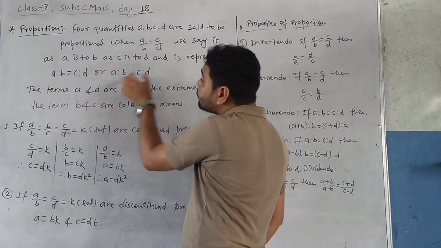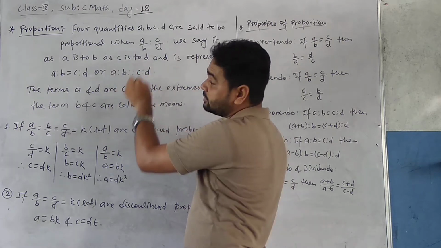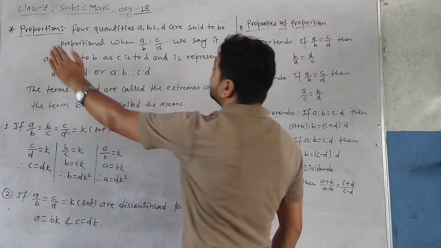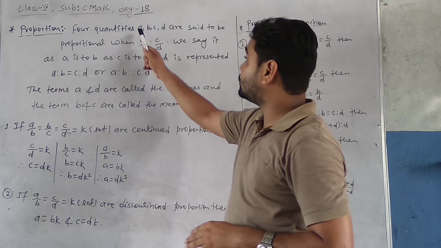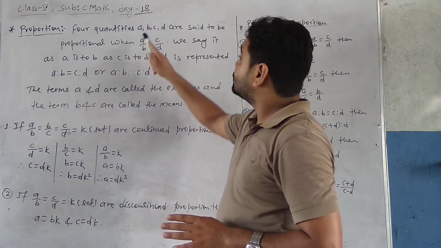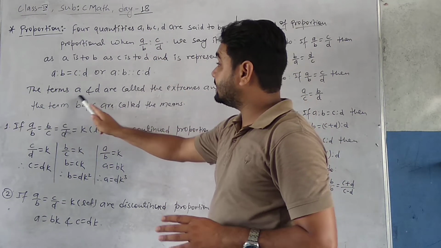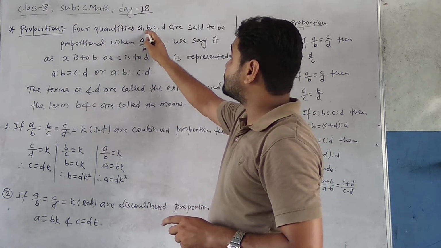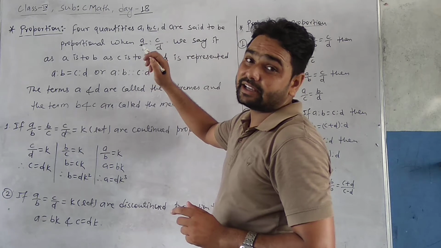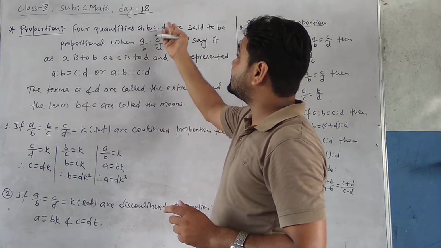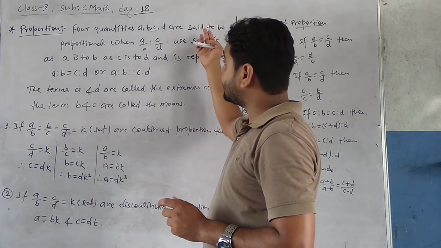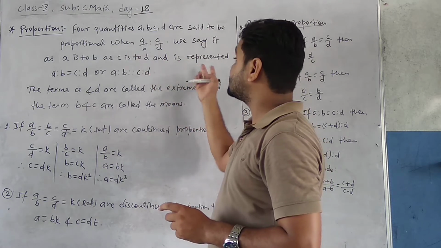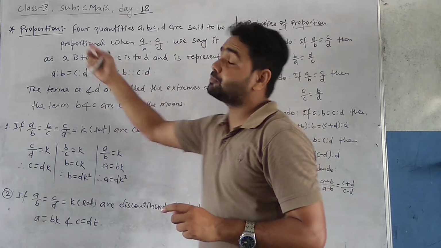One ratio is here, one ratio is there, and between them we put the equals to sign. This is the proportion type, and these four terms are A, B, C, D. The first and last terms, A and D, are called the extremes, and the middle terms, B and C, are known as the means of the proportion.